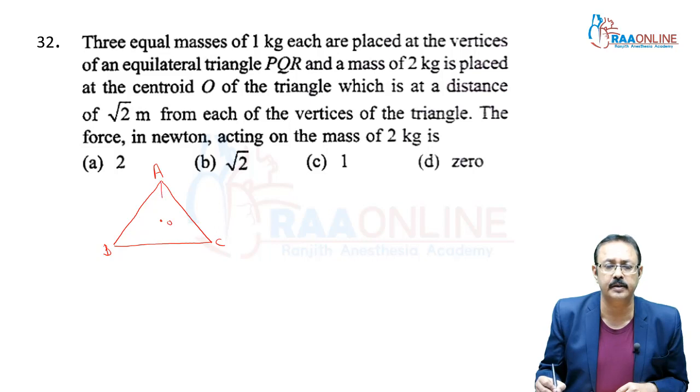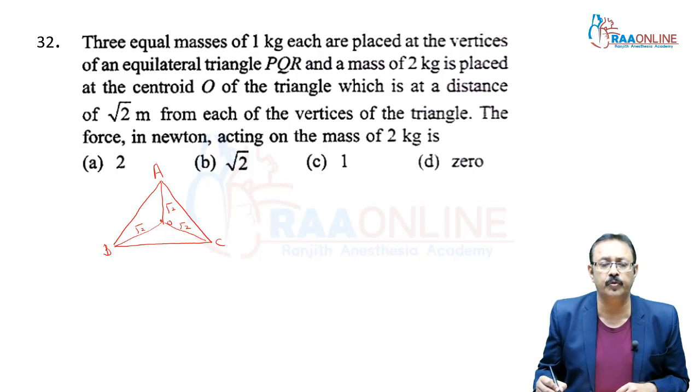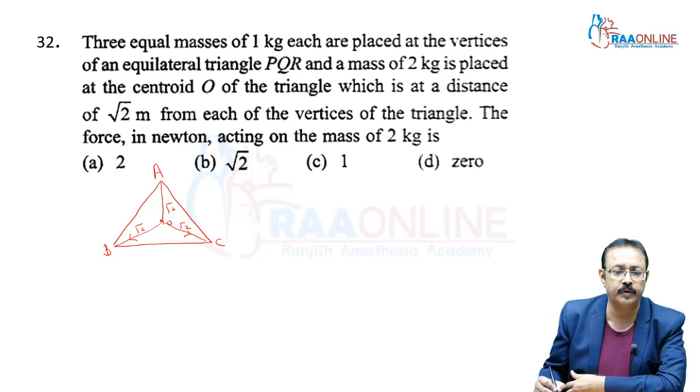Root 2 from this, root 2 from this, root 2 from this. These two will attract in this direction, and in this direction. Suppose I am denoting them by F1 and F2.